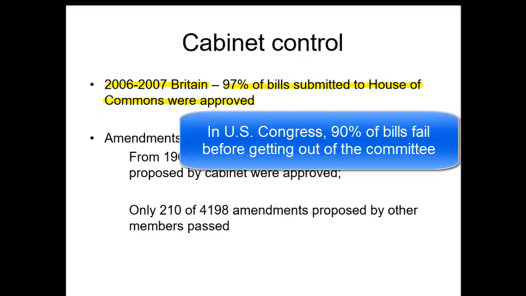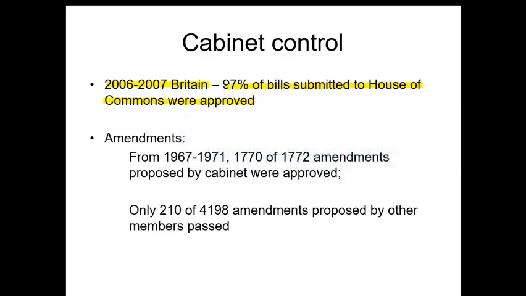So as you can see right here, the cabinet is controlling legislation, and literally they're not even going to propose a bill if it's not going to get approved, virtually. So they're making policy and approving it as they're making it, so to speak.